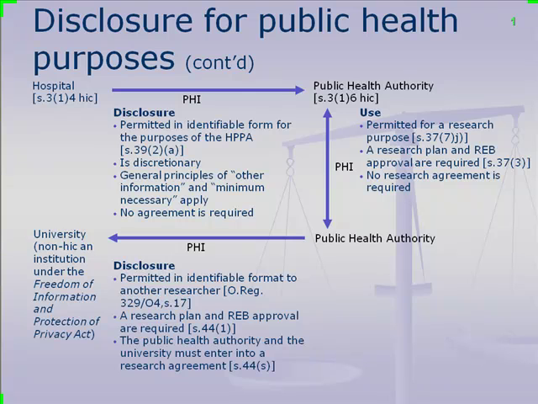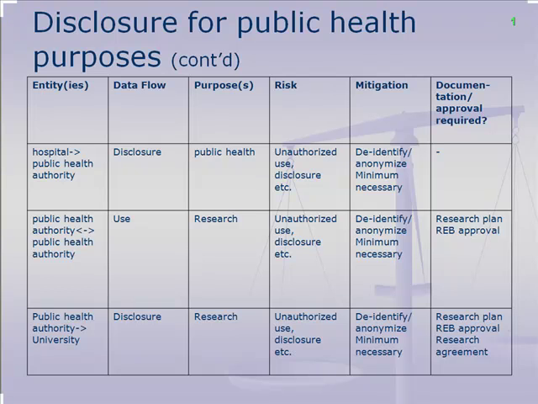So again, I've just set out in sort of tabular form the different elements. The first was the hospital authority disclosure for public health purposes, with risks of unauthorized use, disclosure, etc. So for risk mitigation, if it's possible, de-identify, anonymize, and provide the minimum necessary.